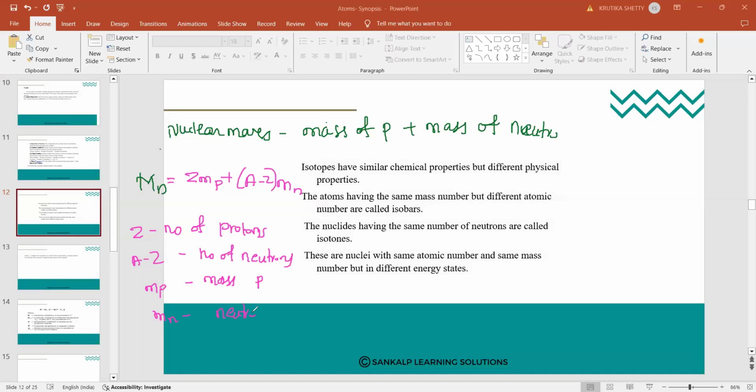A is the mass number. So A is the mass number, Mn is the mass of the neutron, Mp is the mass of the proton, A minus Z is the number of neutrons, and Z is the number of protons.